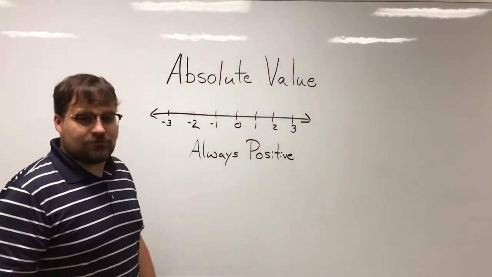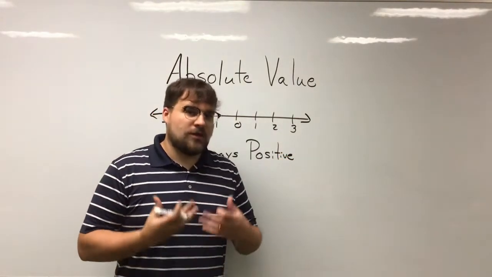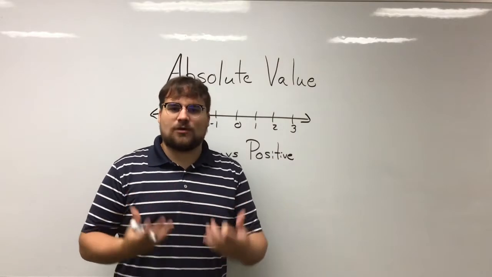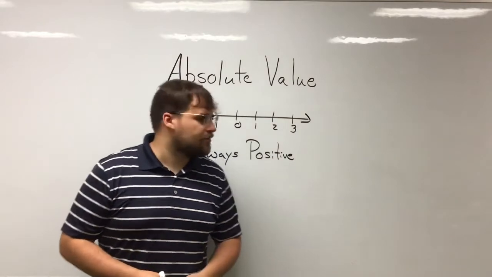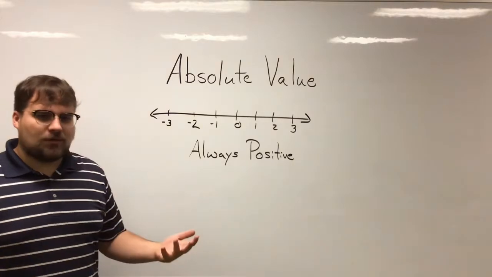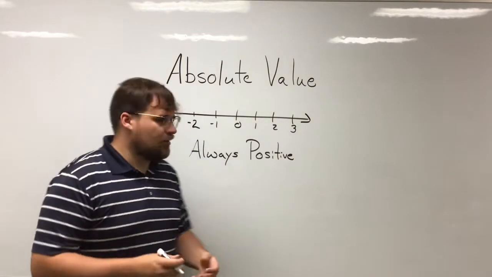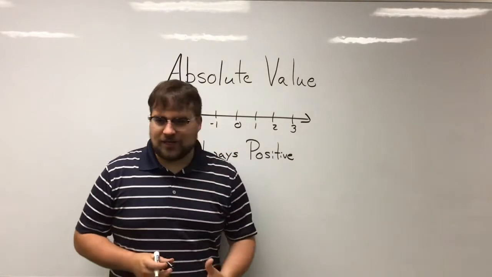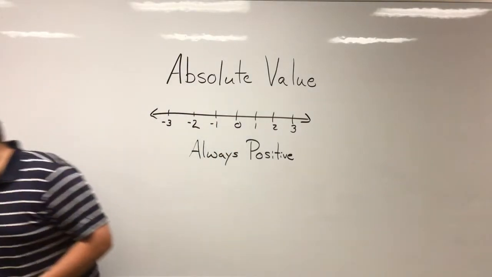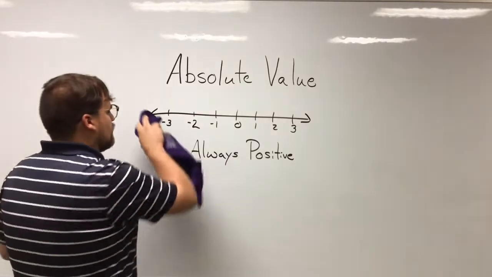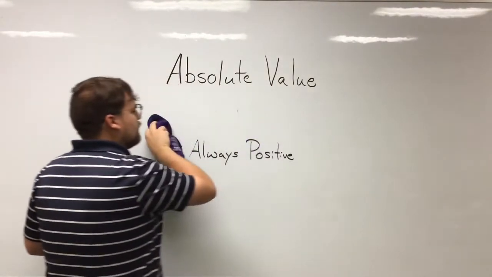Primarily, absolute value is going to be useful in a very practical sense in mathematics. So let's talk about what this looks like in math. Outside of this number line idea, the theoretical side of absolute value, what does it look like?